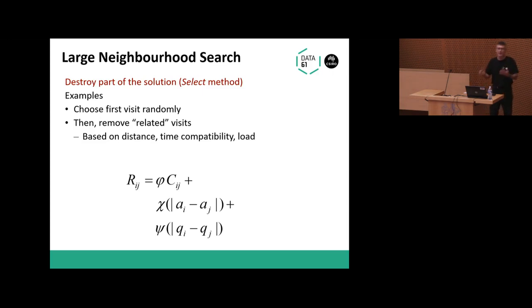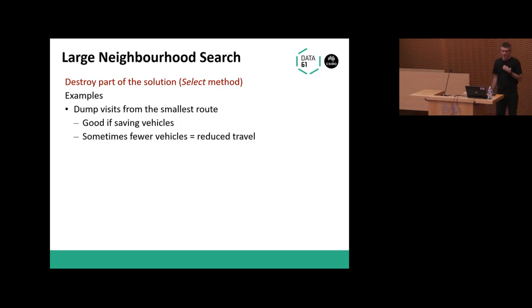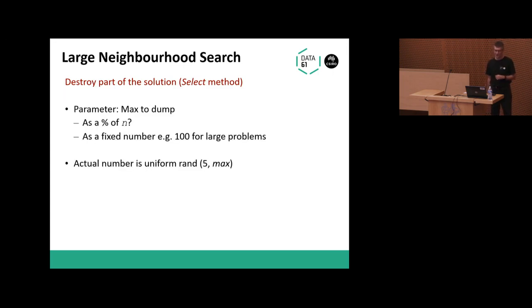If they're close in that sense, then they're more likely to be removed. And I can dump visits from the smallest route. If you are trying to reduce the number of trucks, then that's one way of distributing those last few visits from that route.